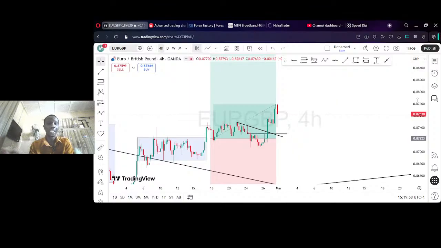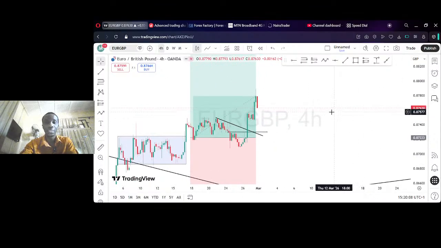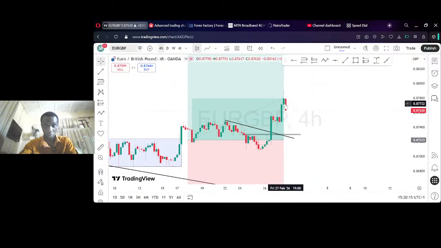We are less concerned about whatever happens. Let the market just point to the upside for us. So that's that on Euro GBP.